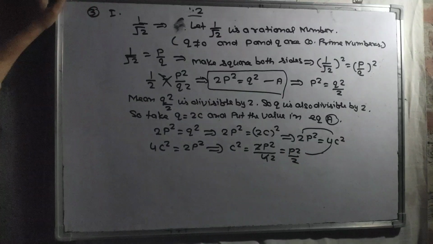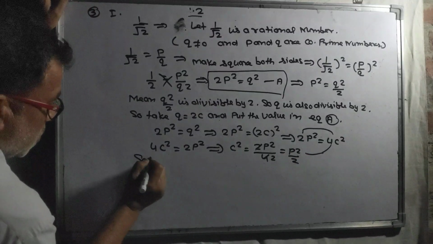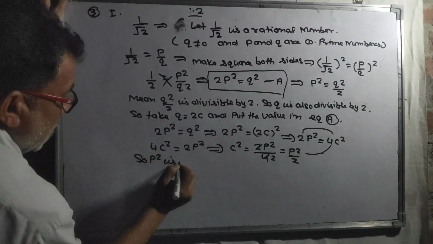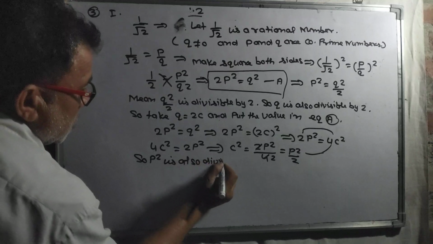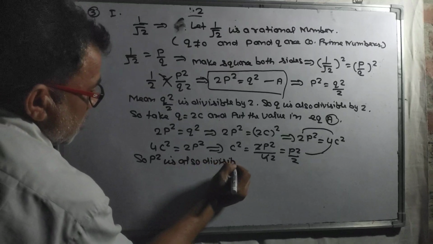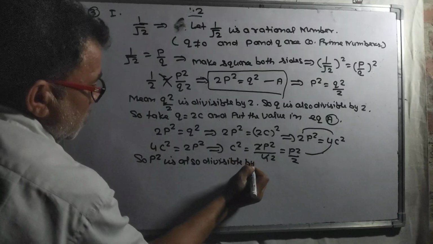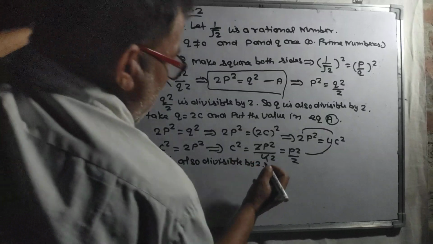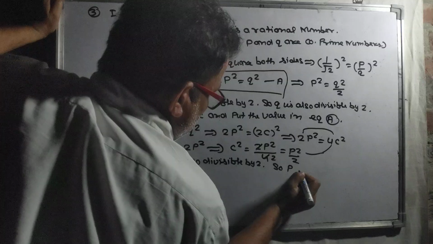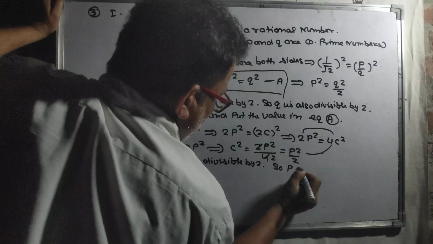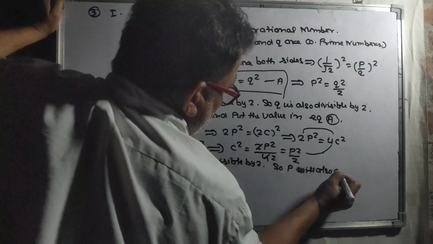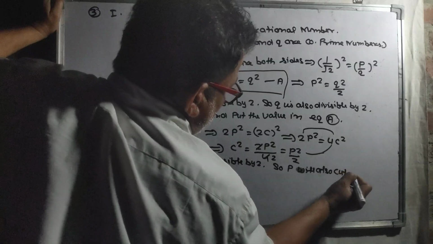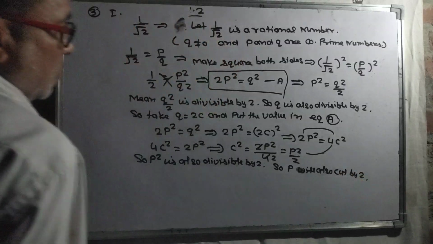So p square is also divisible by 2, so p will also be divisible by 2.